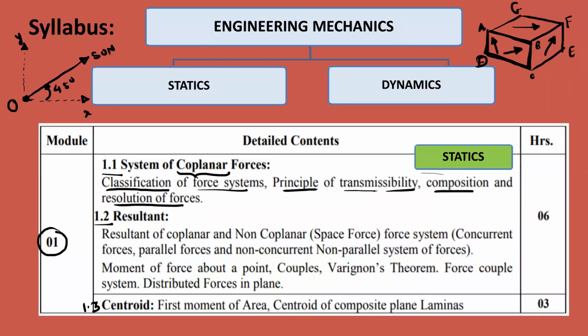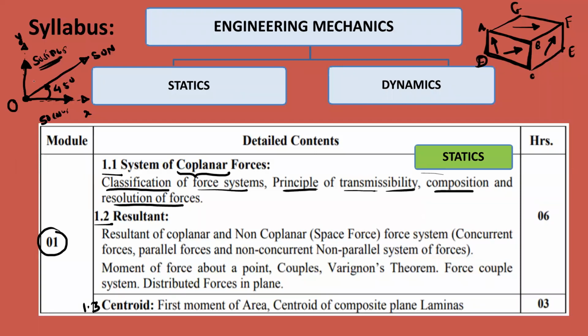You find out the effect of the force in the x direction and the effect of the force in the y direction. Here the angle is 45 degrees and the force is 50. As per trigonometry, this is 50 cos 45 and this is 50 sin 45.